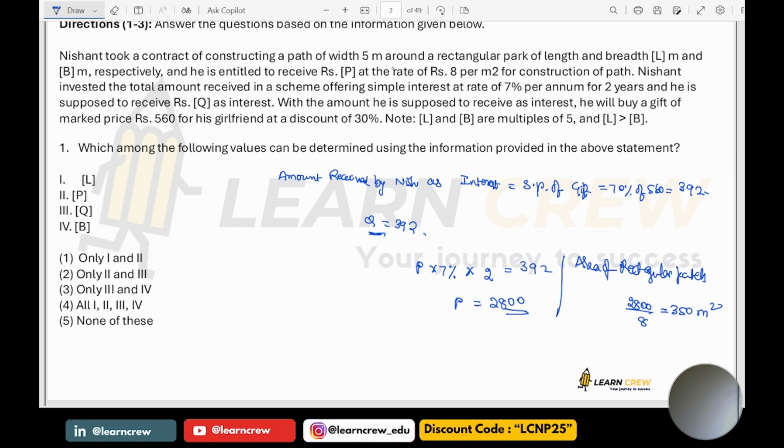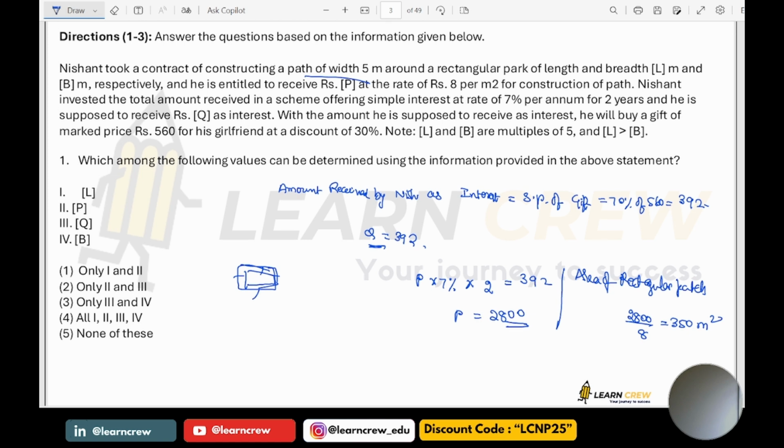There is a 5 meter width around the park. So the path area of 350 is going to be (L plus 10) into (B plus 10) minus LB, which is equal to 350.